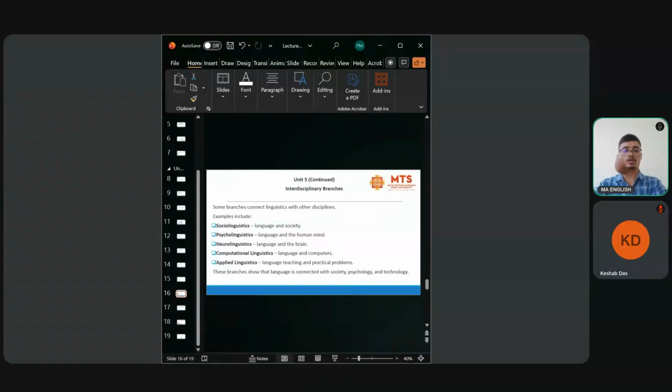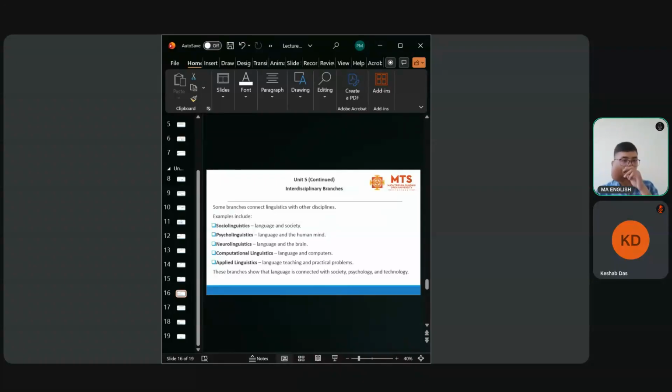Building on the core branches we discussed, this slide introduces another group of linguistics branches, that is interdisciplinary branches. These are areas where linguistics draws from other academic disciplines, creating fields of inquiry that are rich, exciting, and practically important.